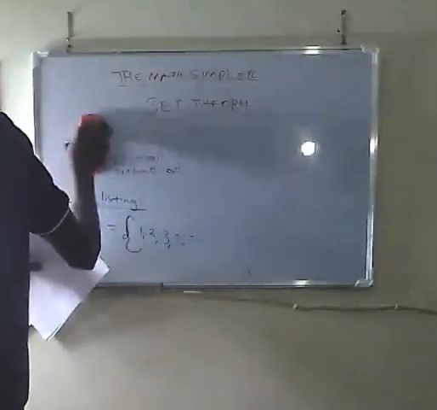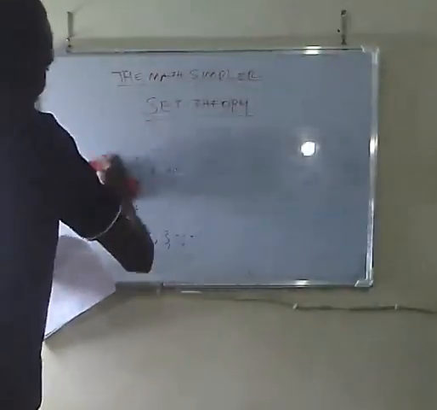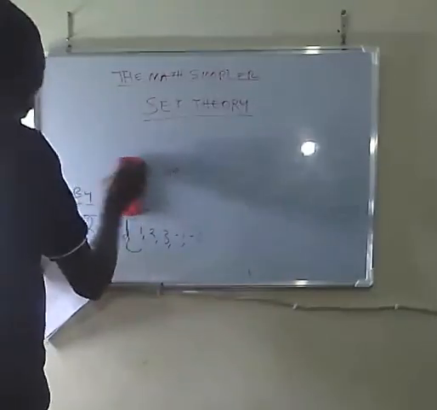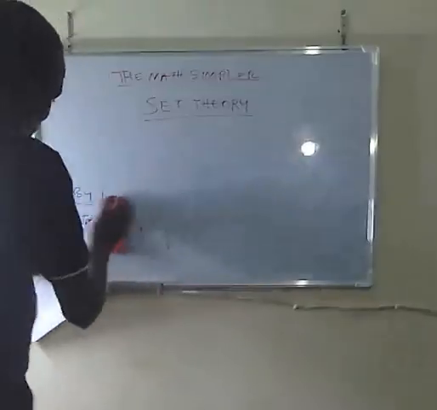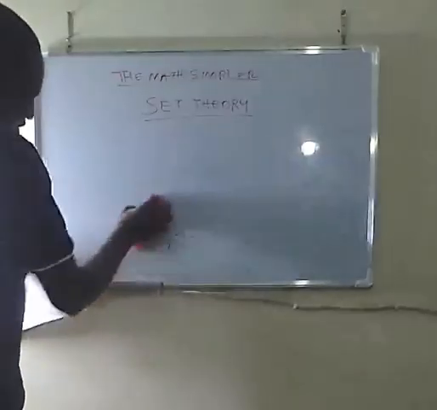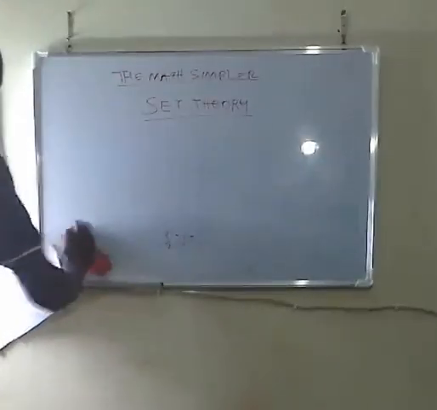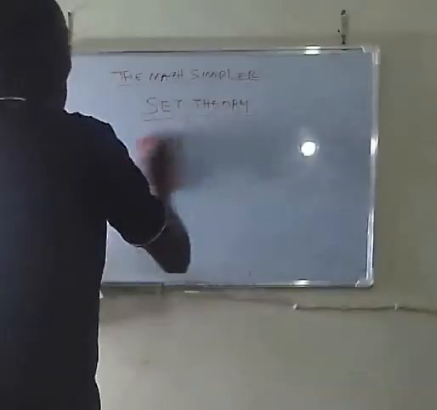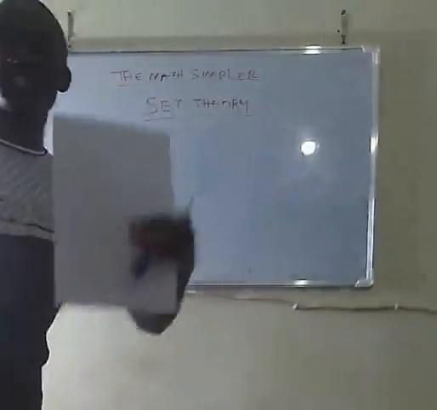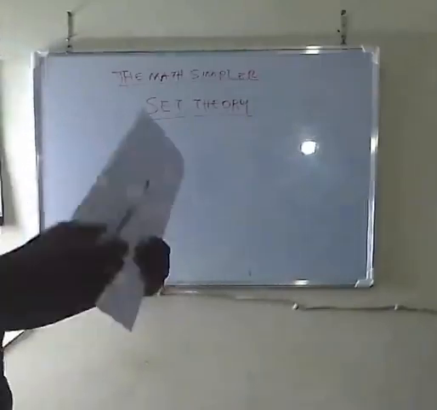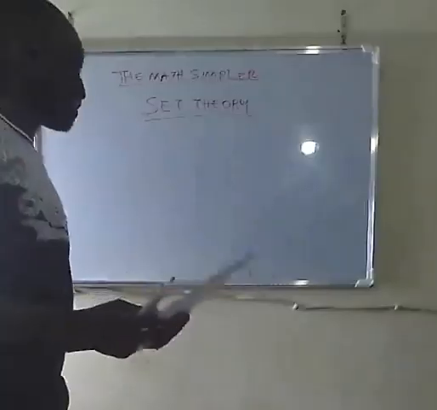Sets are just normal things we do. When you sit in a class, that's already a set, because it is a group of students doing a specific thing. What you are doing in a class is studying. Studying becomes the property, and those sitting there doing the studies become the elements of that class. So a class is a collection of students with the purpose of learning.